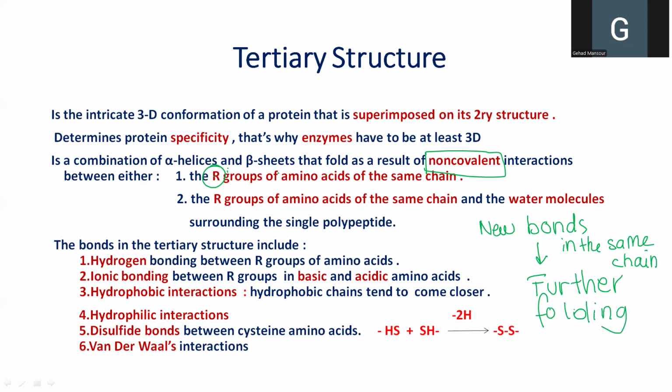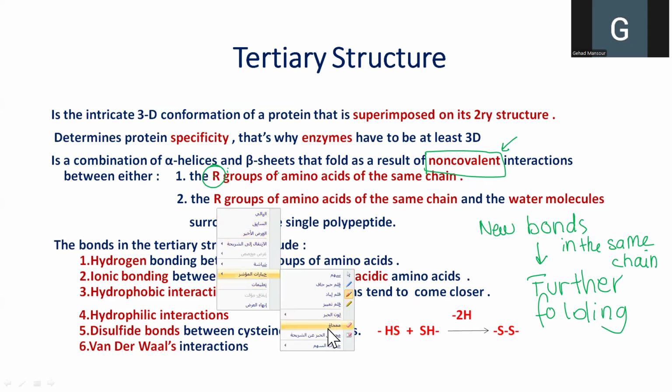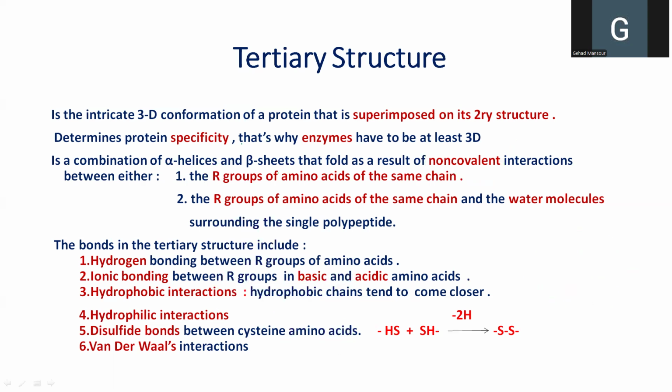Okay? This is the second rule. The third characteristic is that these interactions are non-covalent, and we will see how. The fourth characteristic is related to where the bonds will be formed.